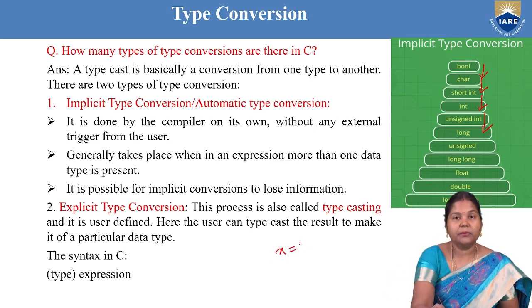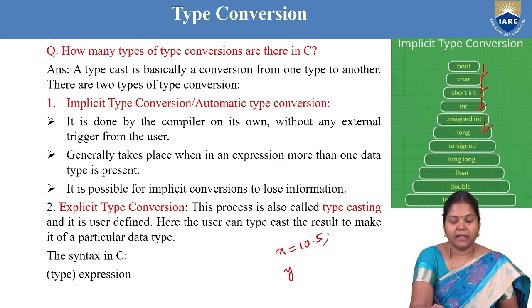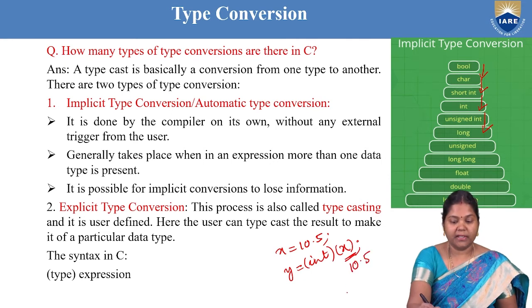Suppose there is a float variable x equal to 10.5, and you write y as int of x. Then this float variable will be explicitly converted into an integer, so the fractional part will be truncated.